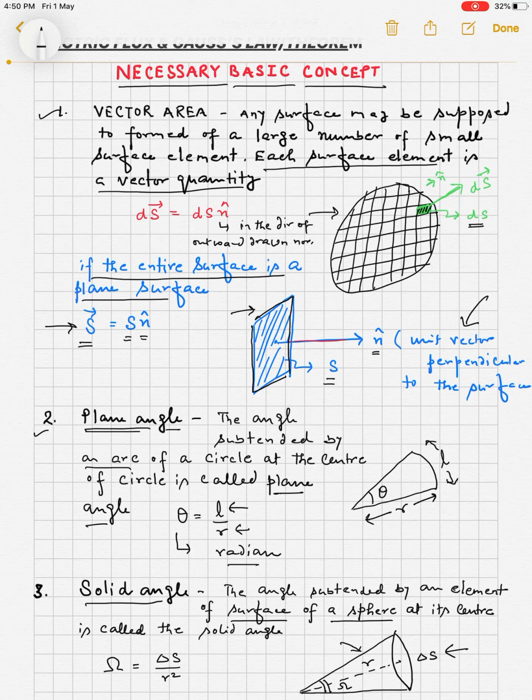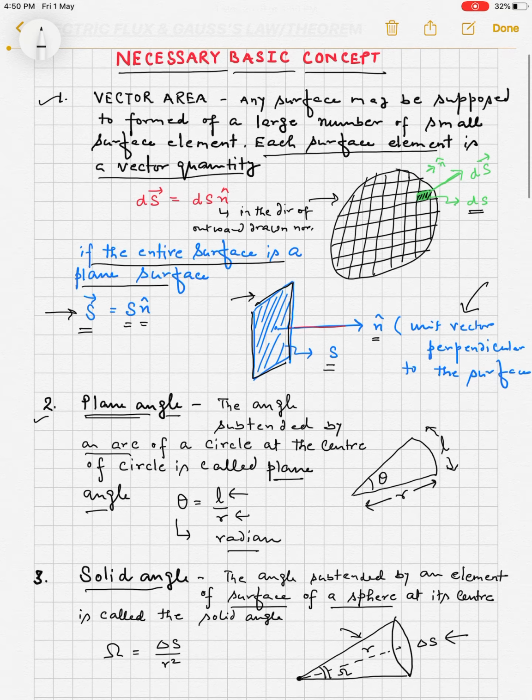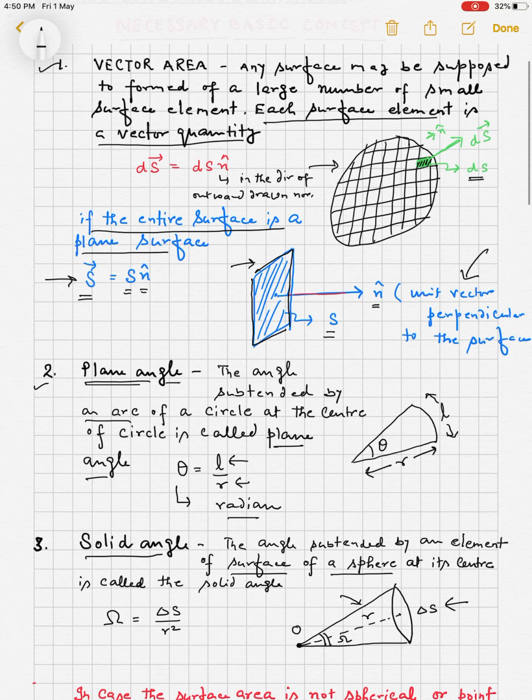So at the center O, the angle is equal to delta S by R square, and this solid angle is represented by the symbol omega. So omega is delta S by R square, and its unit is steradian.